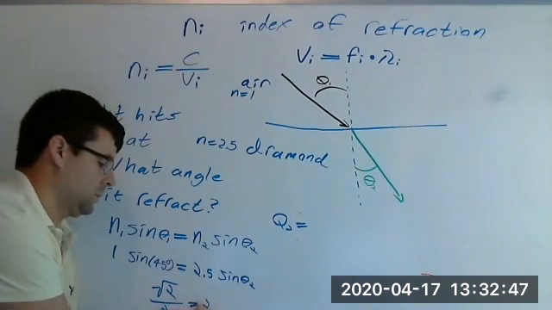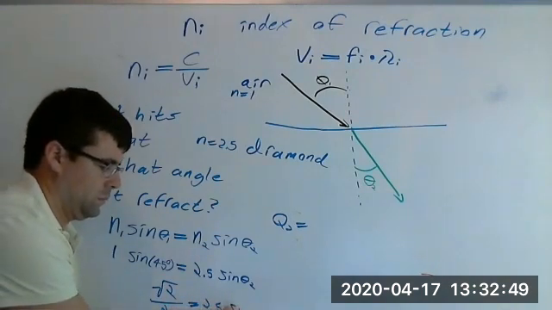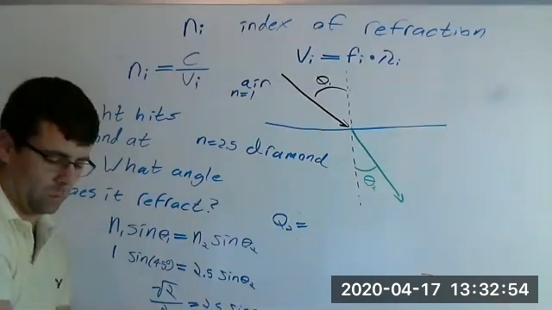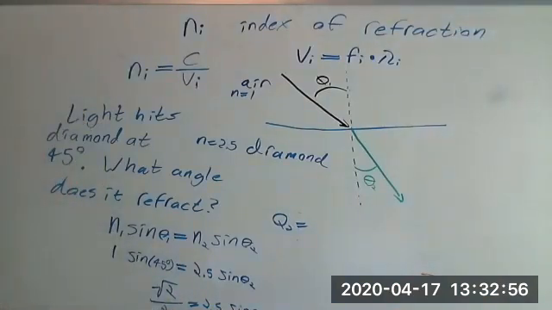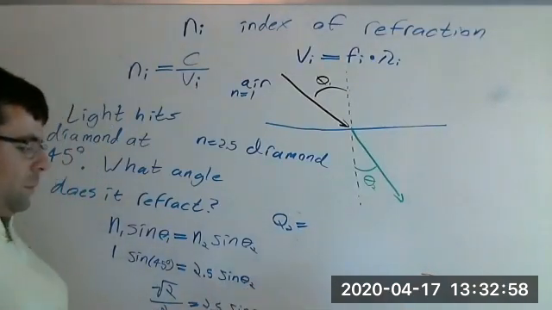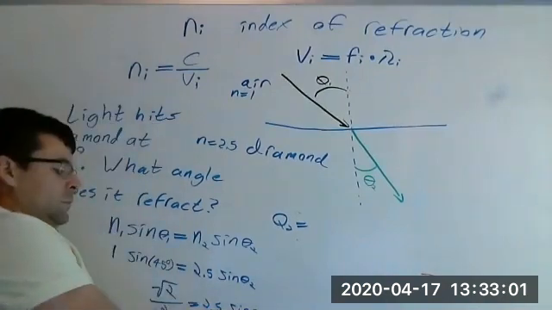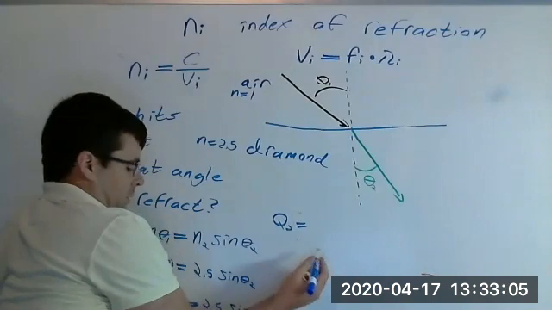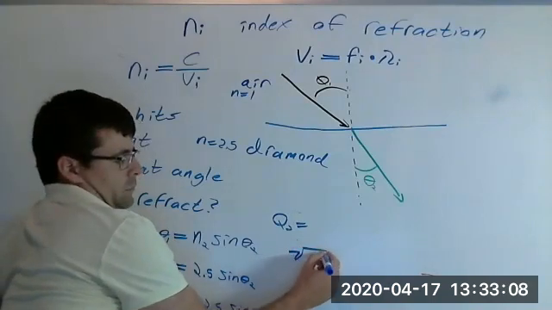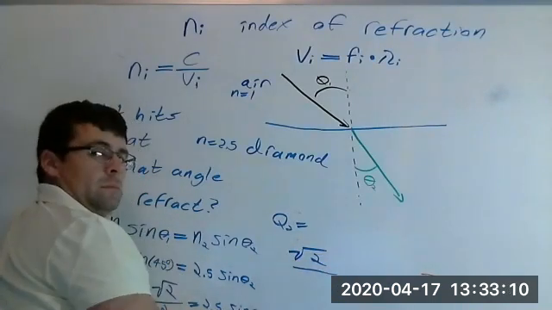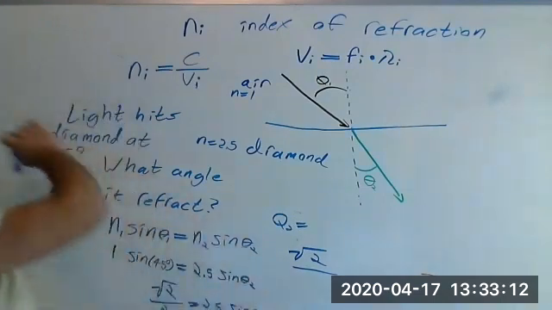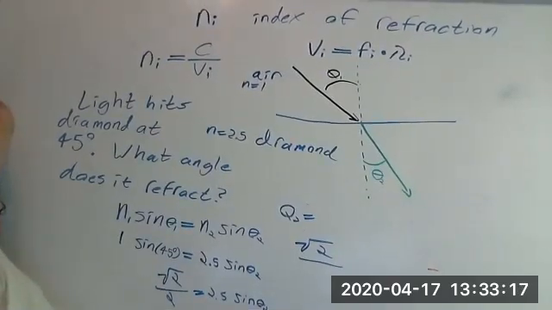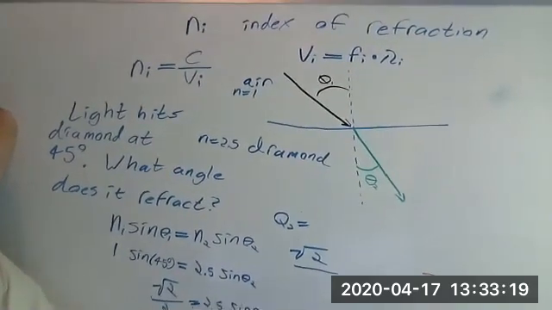And then you could divide that by 2.5. So square root of 2 over 2 times 2.5. What is 2 times 2.5? Or 5. My fault.